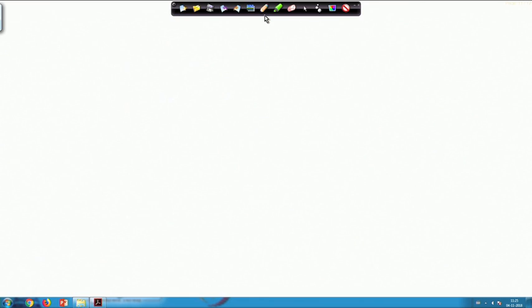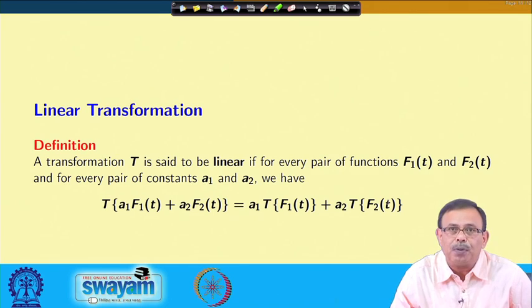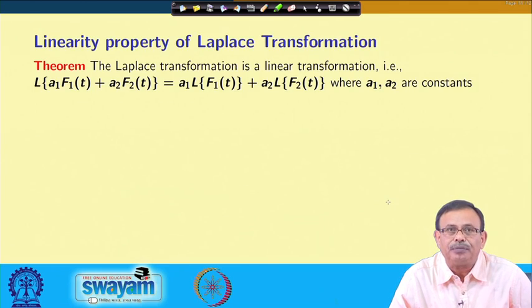So, if I go back to this, we are writing T of a1 f1(t) plus a2 f2(t) is equal to a1 into T of f1(t) plus a2 into T of f2(t).